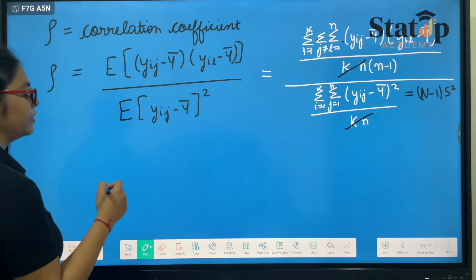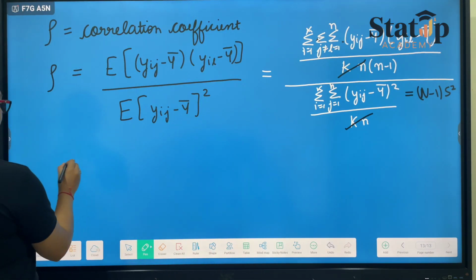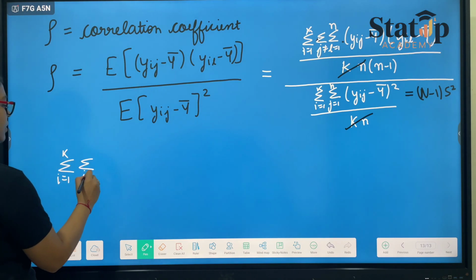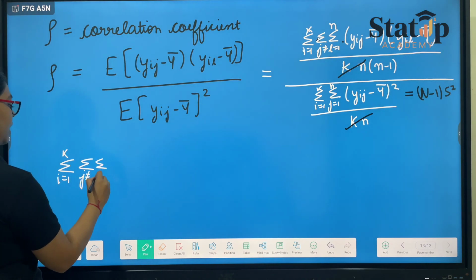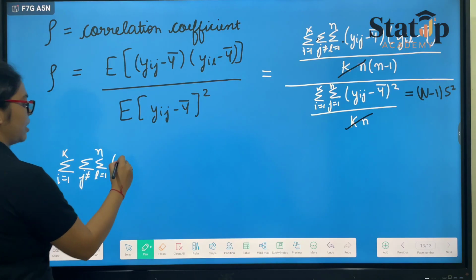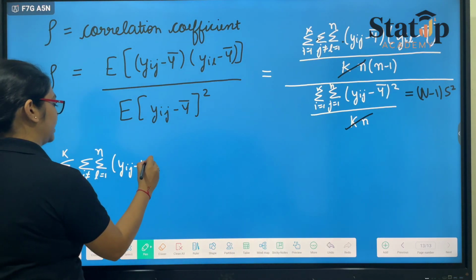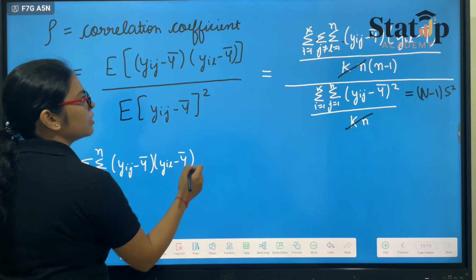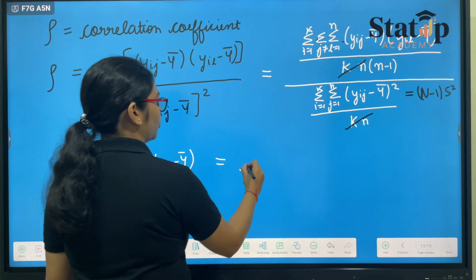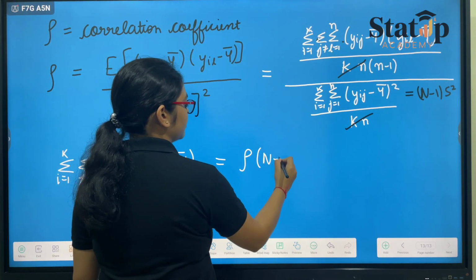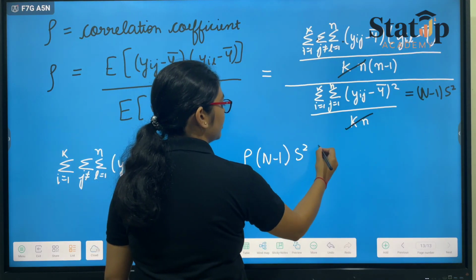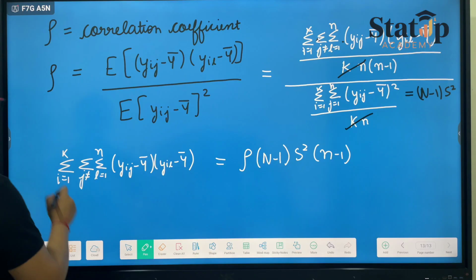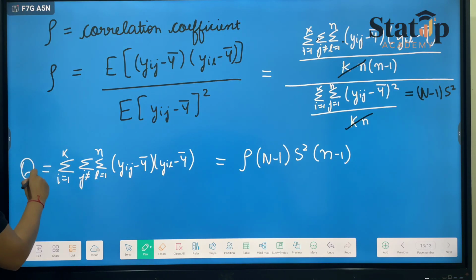So from here we can get summation i goes from 1 to k, summation j not equal to l goes from 1 to n, (yij minus y bar)(yil minus y bar) is nothing but rho into (N minus 1) S square into (n minus 1). This will be our formula for Q.